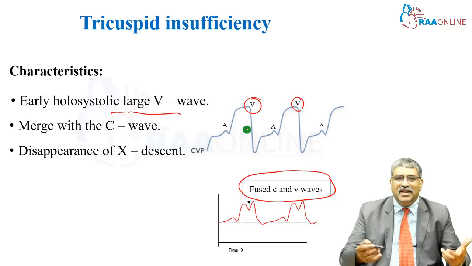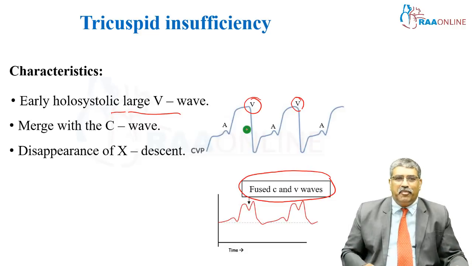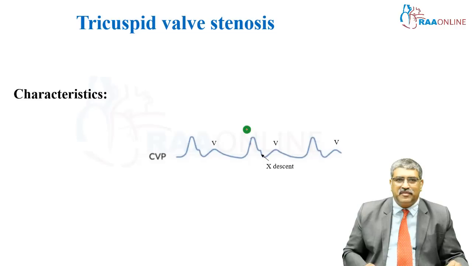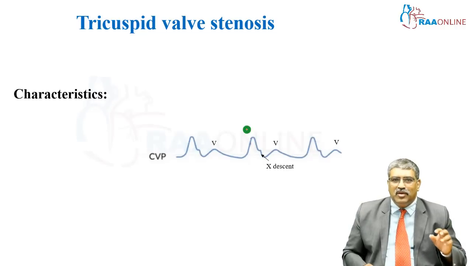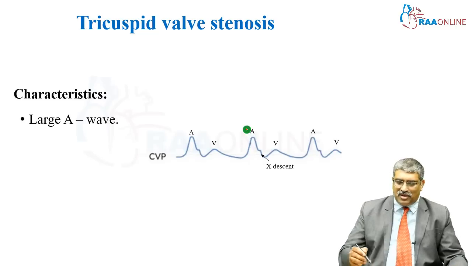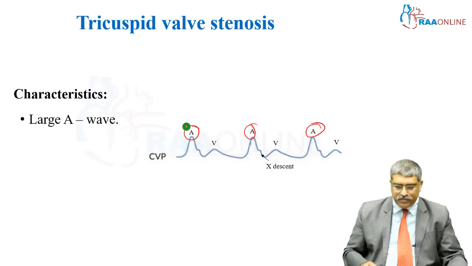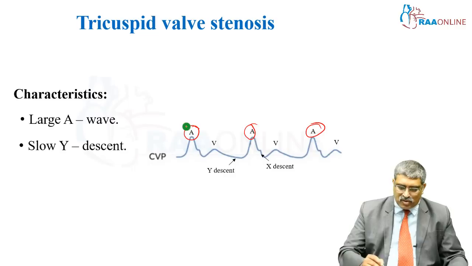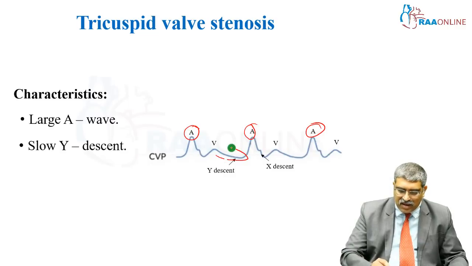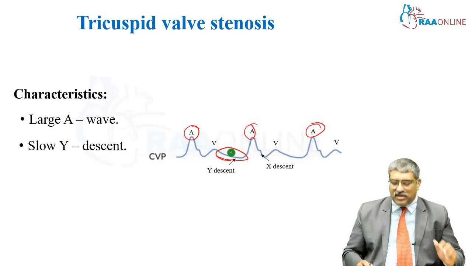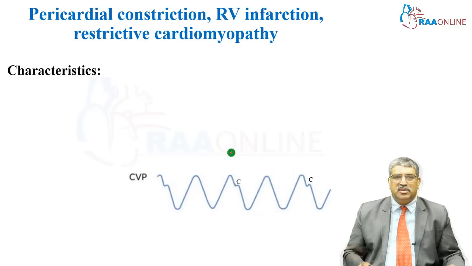You cannot see the X descent in the CVP waveform in tricuspid insufficiency. Now coming to tricuspid valve stenosis, there are going to be large A waves and a slow Y descent. Here you can see a slow Y descent. That stays with tricuspid valve stenosis.